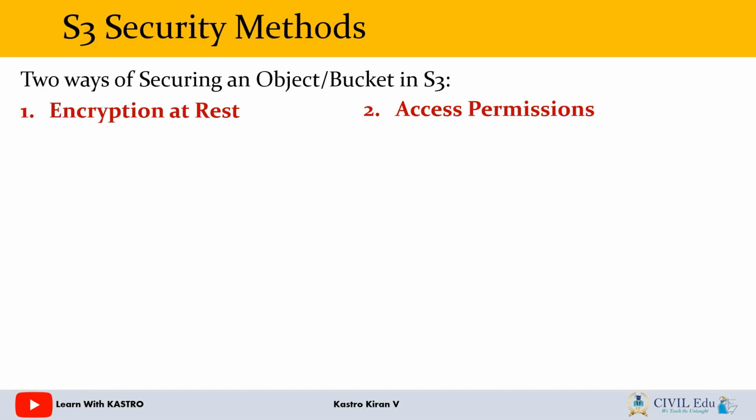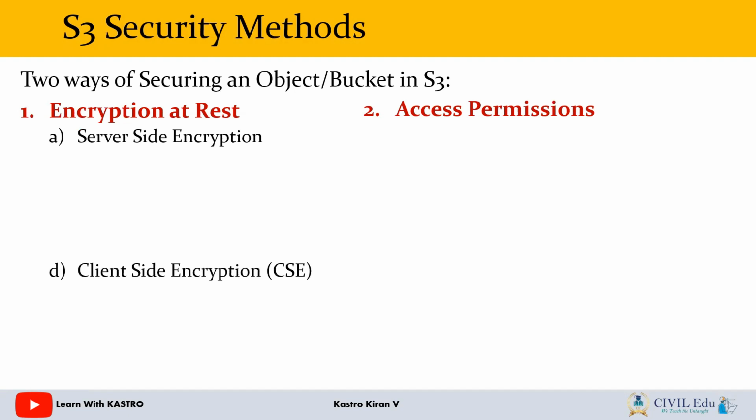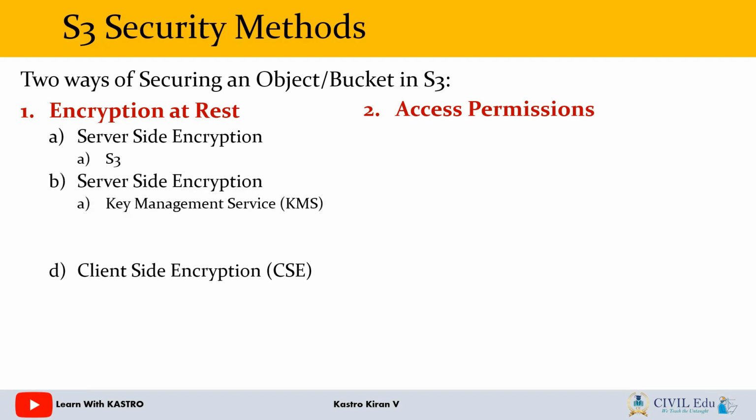The first one is called server side encryption, and the second one is known as client side encryption or customer side encryption. In server side encryption, we have one category known as SSE-S3. The second type is server side encryption with KMS, which stands for key management service.